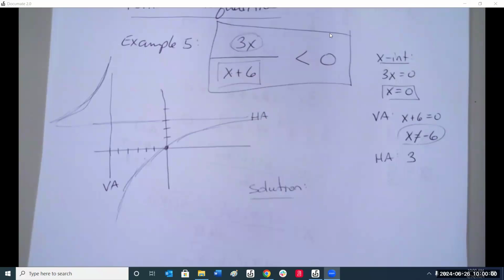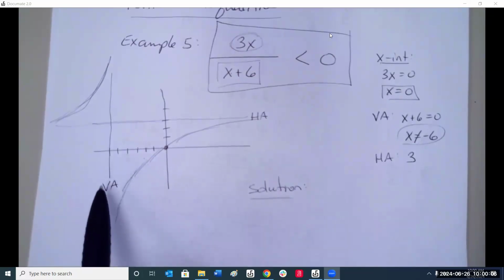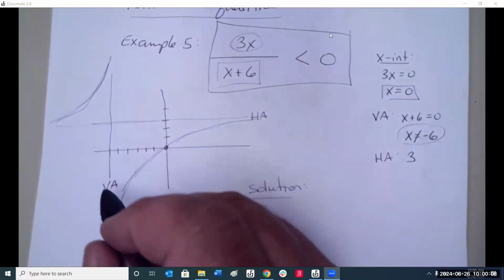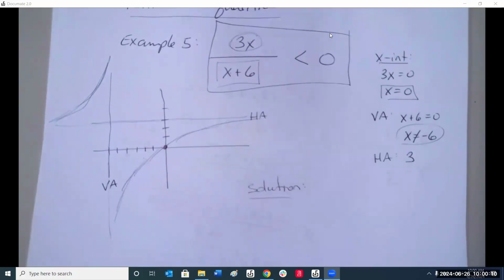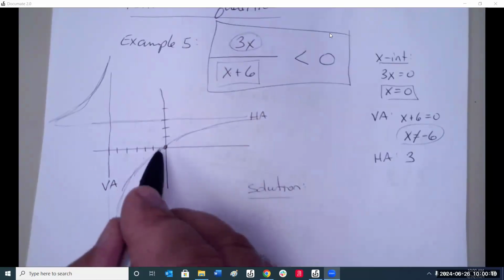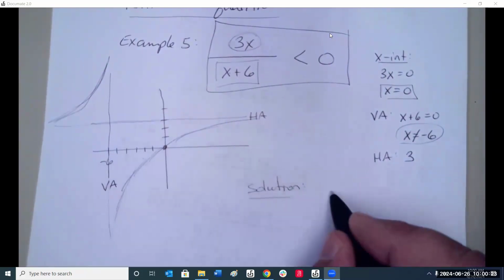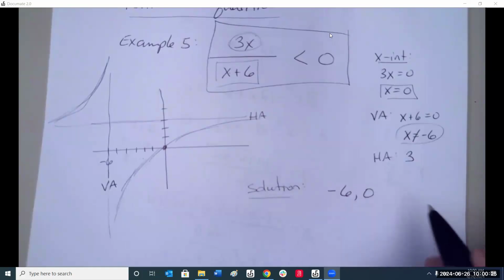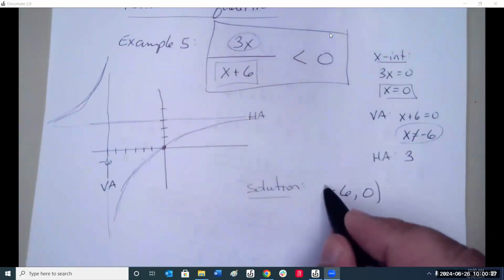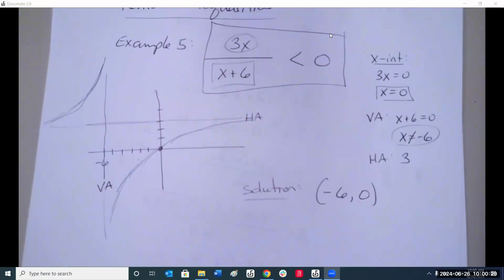From where to where? Nope, can't be -infinity. Because we have a vertical asymptote. The graph doesn't go past that. To 0, yeah. From -6 to 0. And since it's an inequality, that's my answer.